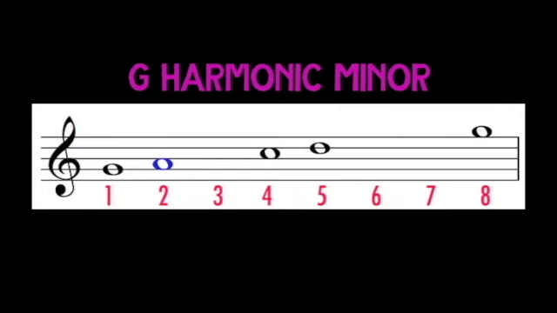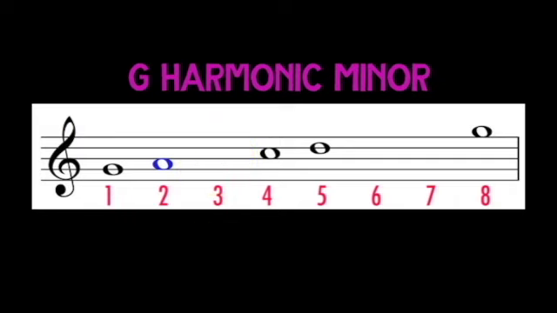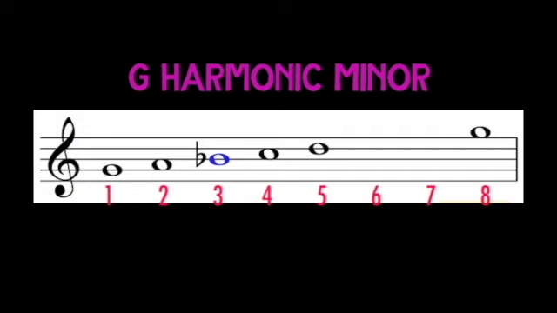So these 3 notes are the same whether we're in major or any of the 3 forms of minor. But we wanted to build a harmonic minor scale. So let's begin with the 3rd scale degree, because we know if it's a minor scale, it has to be a minor third between the first and third scale degree. A minor third up from G is B flat.